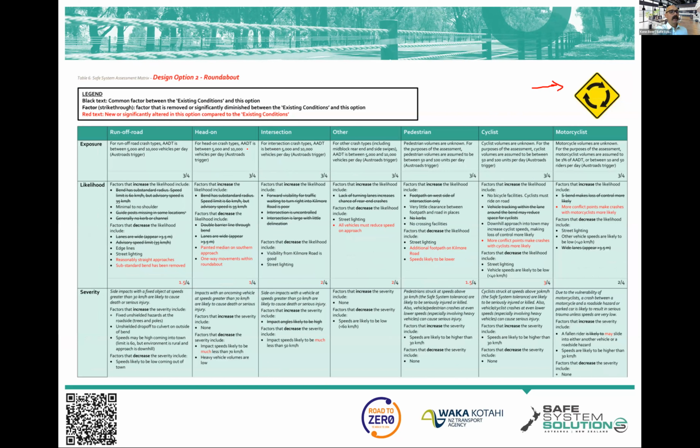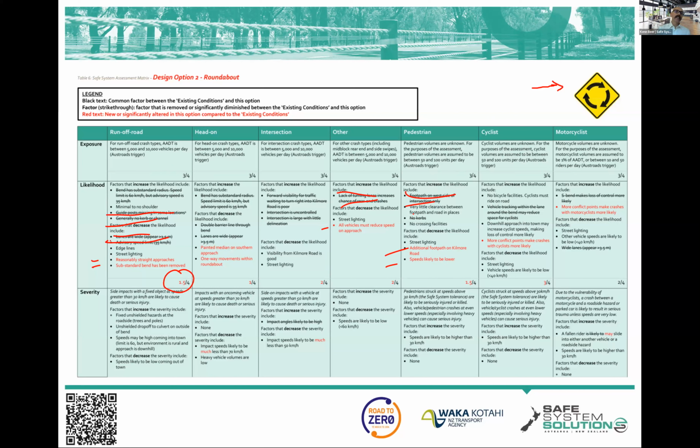You say, well, from the existing conditions, that's not relevant anymore. We've removed that, but we've added these features, which are maybe good features or bad features, and we've changed the score. Got rid of those, added this, got rid of that, added these. So you actually use the existing conditions as your basis and show how it's changed.